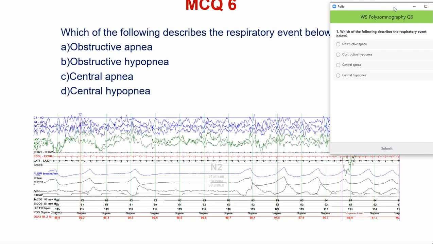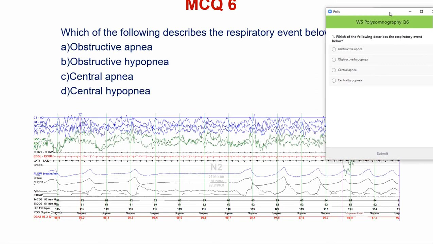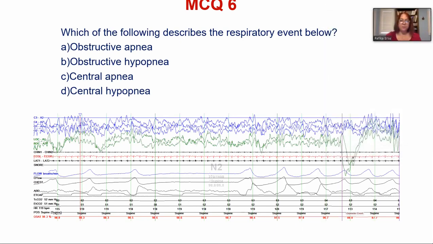So you look at the flow. So this is the flow. There's no flow here, so you need to decide whether this is an apnea or hypopnea. And then you look at the chest and abdominal movements, and you decide whether there's any movement there or not. The end-tidal CO2 also shows a little bit, there's a lag, but there is a flattening of the CO2 also.